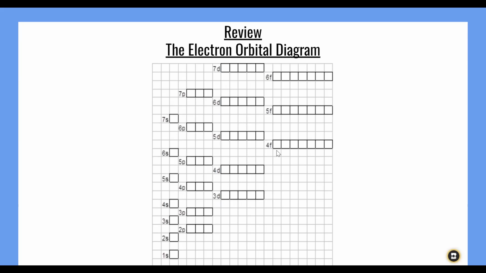The f orbital starts from 4f, 5f, 6f, 7f, and has a maximum of 14. Now, please take a picture of this, because we will see how this is used in arranging the periodic table. We will see the relationship between this and the periodic table.